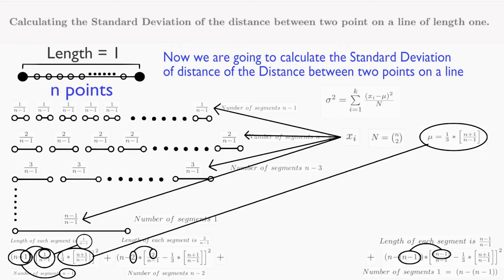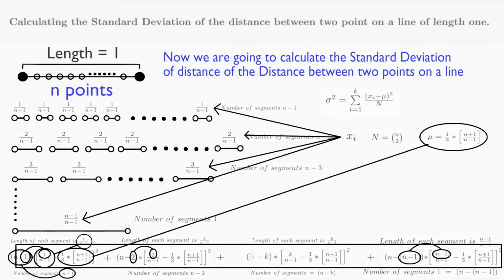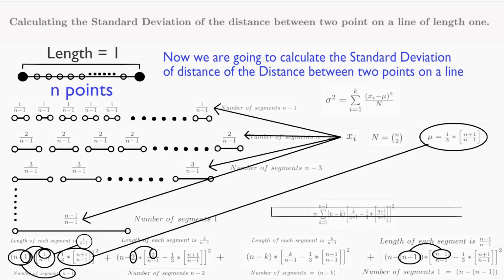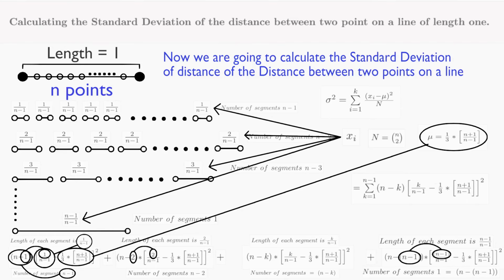So in general, we can write n minus k on the outside times a k over n minus 1 on the inside. So that way we can now write this as a sum from k equals 1 all the way up to n minus 1. So now we have this annoying sum from k equals 1 to n minus 1.